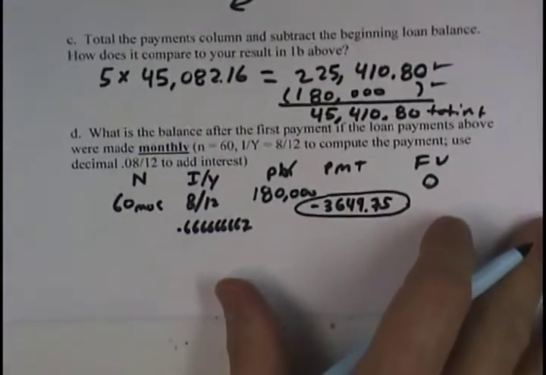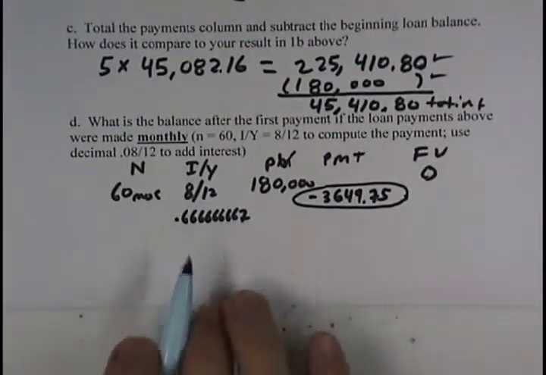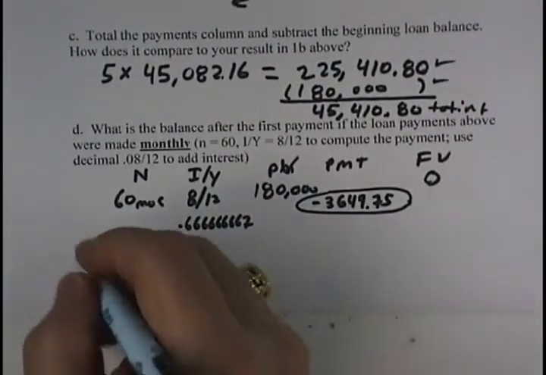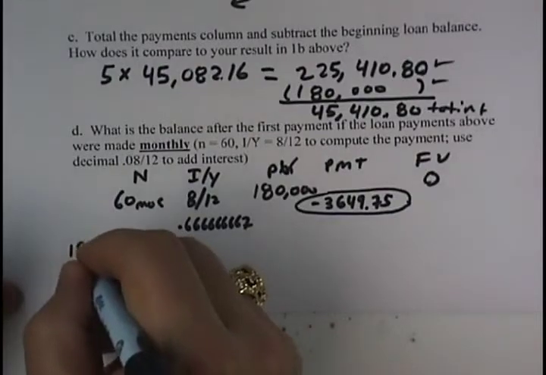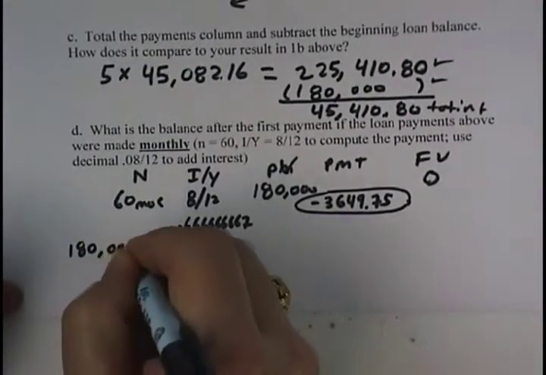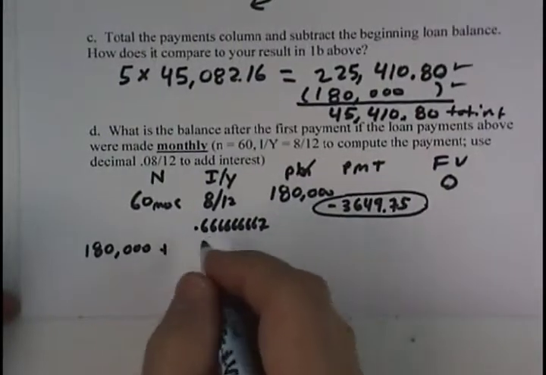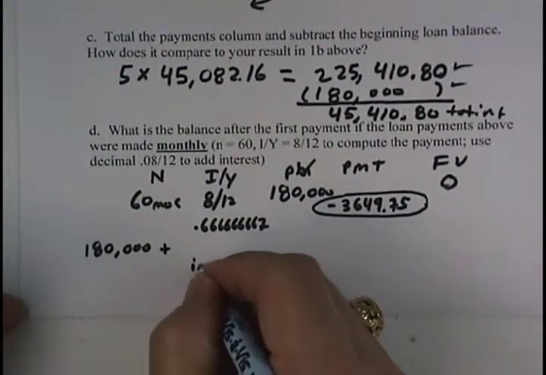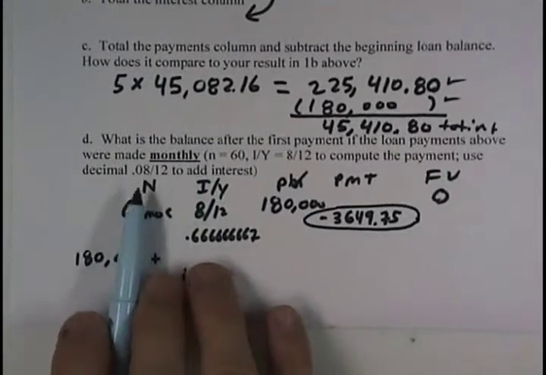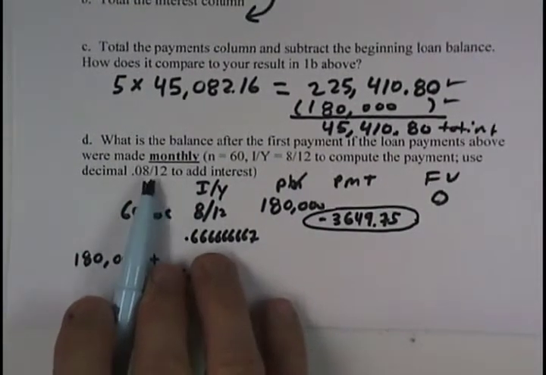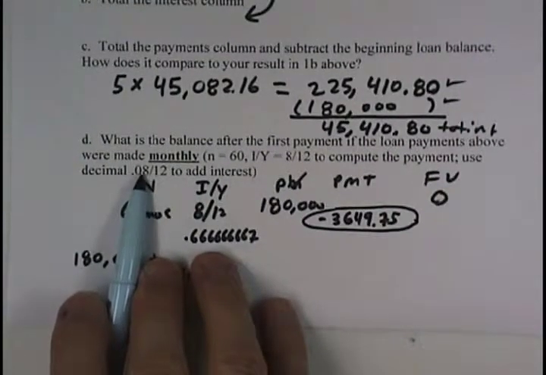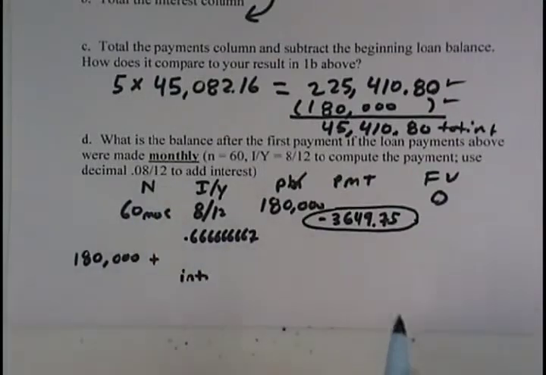And I'm supposed to calculate the balance after the first monthly payment is made. So with a $180,000 beginning loan balance, I would add interest. It would not be 8% of the loan, it would only be the monthly rate, so it would be 8% divided by 12.